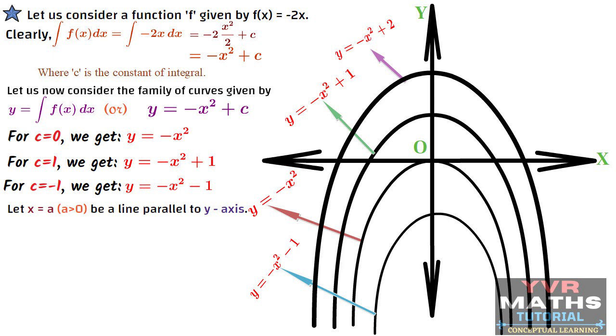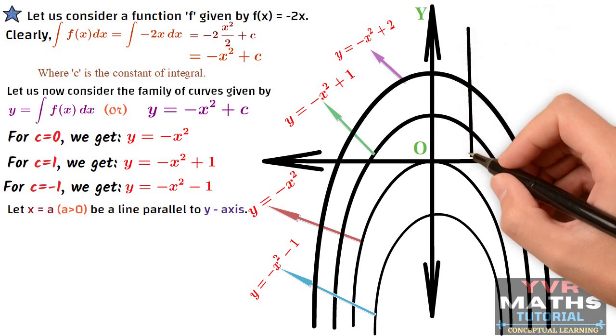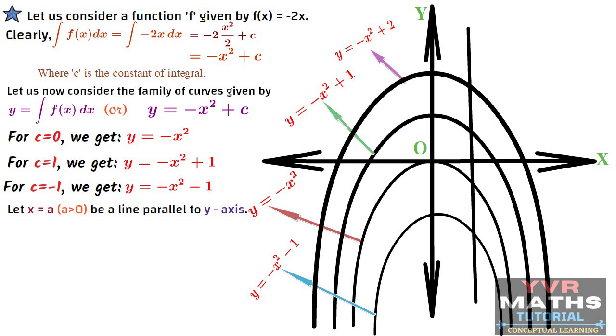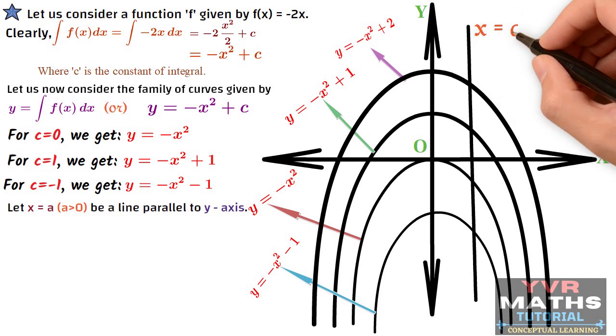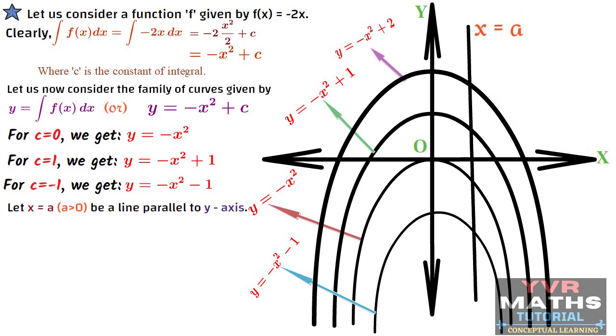If you take a positive, the line will be parallel to y-axis and it intersects on the positive x-axis. See here, I am drawing the line x is equal to a, which is parallel to y-axis. So this is the line x is equal to a. Observe the diagram. The line x is equal to a intersects all the parabolas.